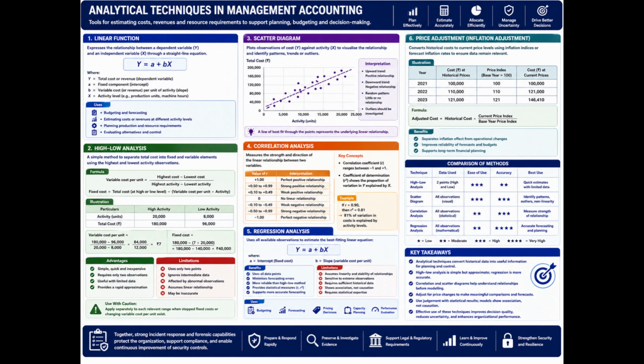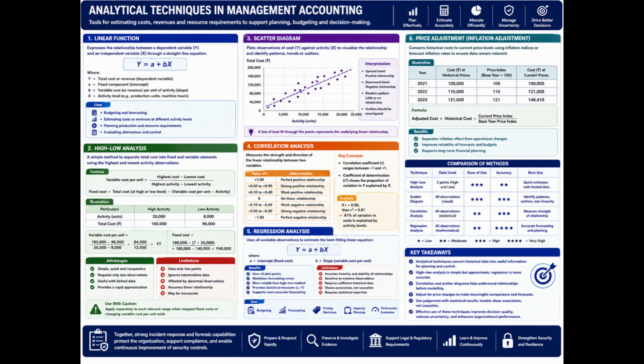A more comprehensive visual approach to analyzing cost behavior involves the use of scatter diagrams. A scatter diagram plots individual observations of cost against activity levels, enabling managers to observe the relationship between variables. If the plotted points cluster closely around an upward-sloping line, a positive relationship exists between activity and cost.